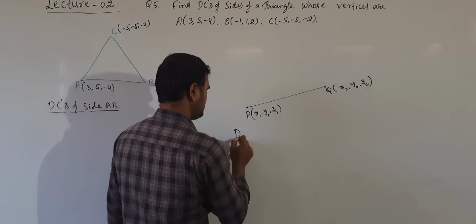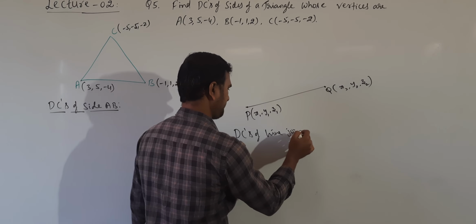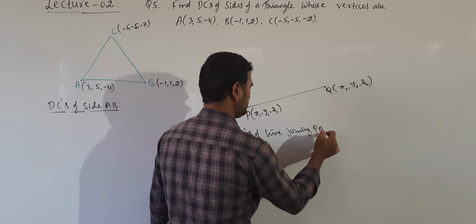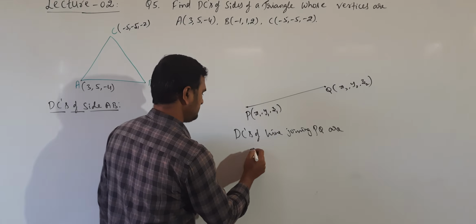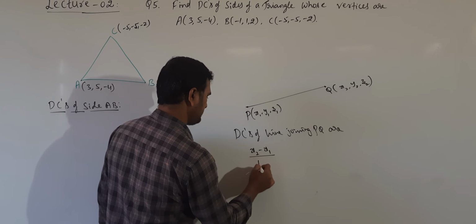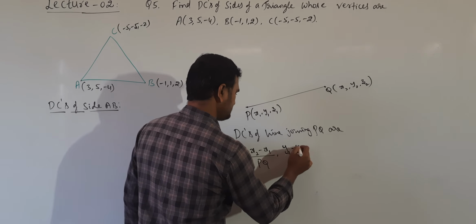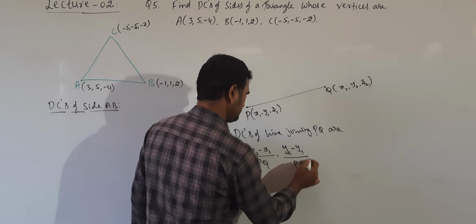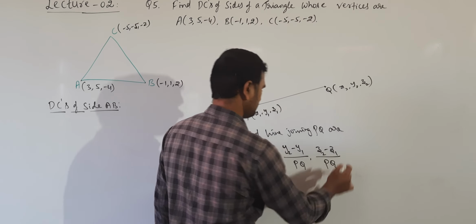Then the DCs of line joining PQ are x2 minus x1 divided by the distance PQ, y2 minus y1 divided by distance PQ, and z2 minus z1 divided by distance PQ.